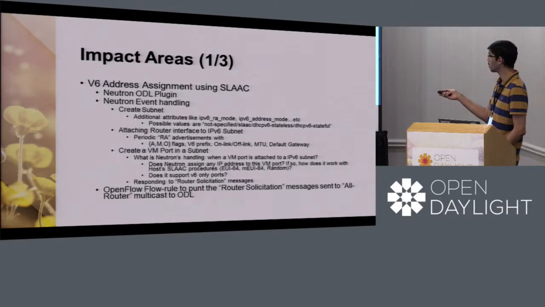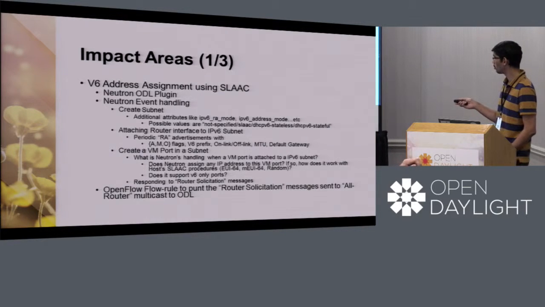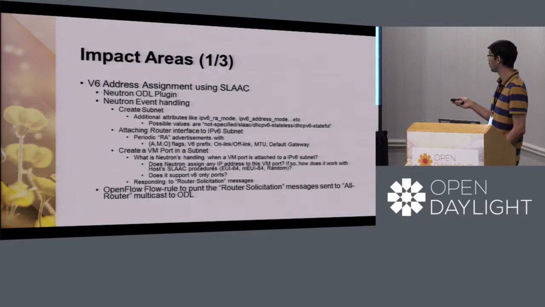There are certain flags that you need to advertise in the RA. Along with this, you need to publish the v6 prefixes present on that link. This is the v6 prefix that needs to be used by the host VMs for address assignment, along with the on-link and off-link information.